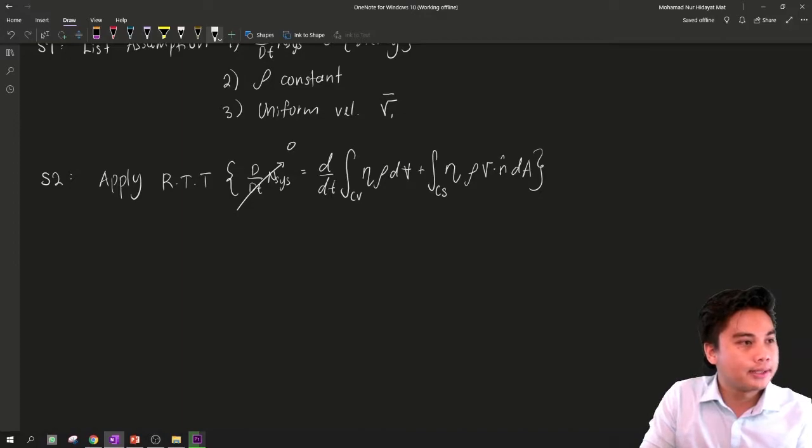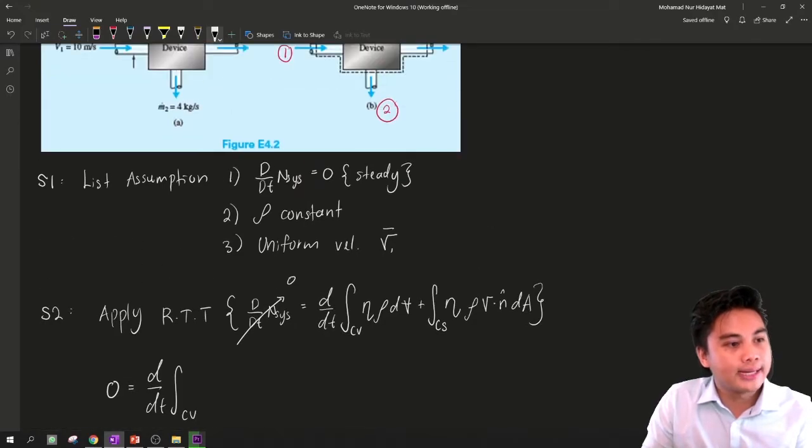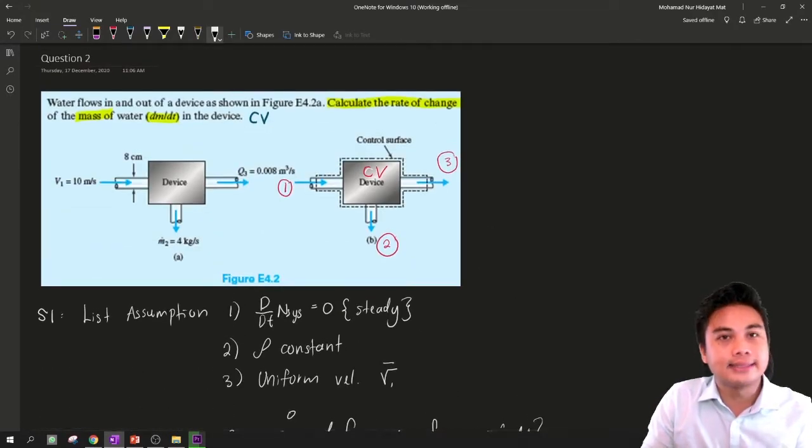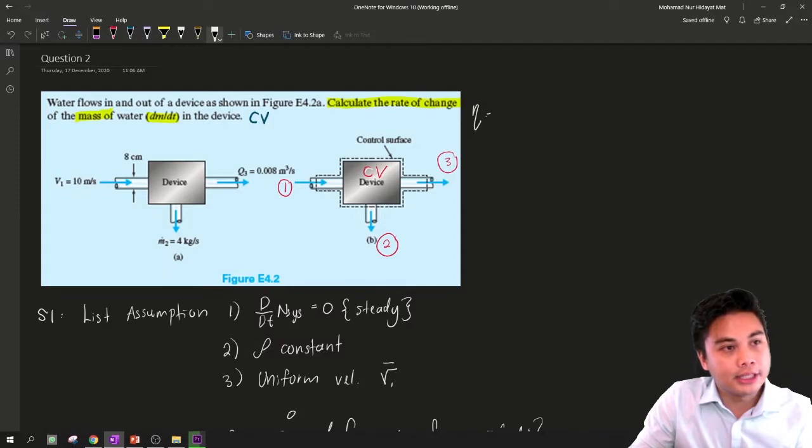So from here, 0 equals d over dt of the control volume. This is the intensive property. Remember, in order to get the intensive property, the extensive property must be divided by mass. So this intensive property equals extensive property divided by mass.